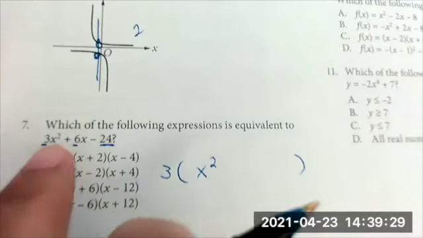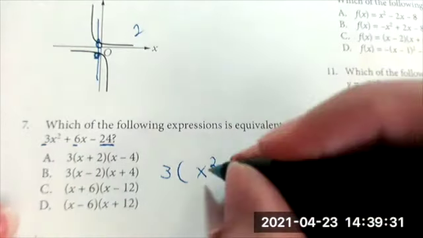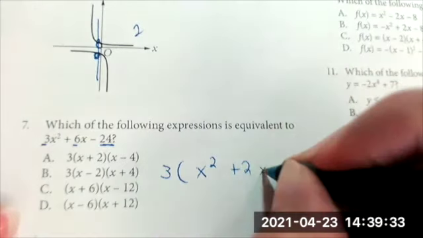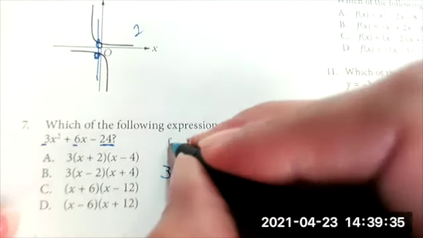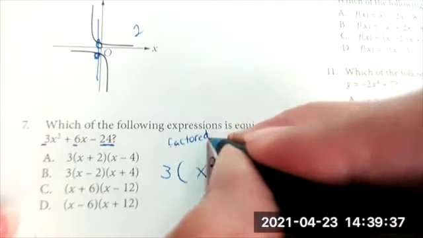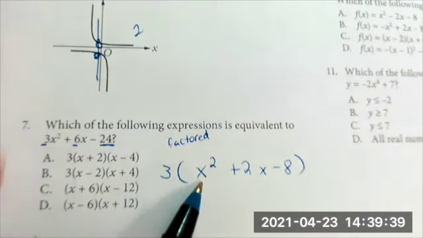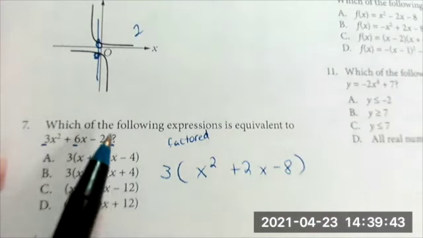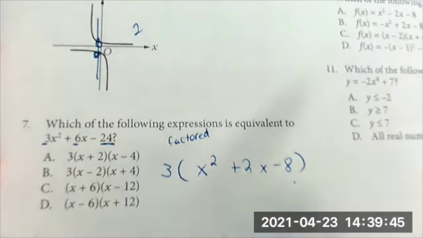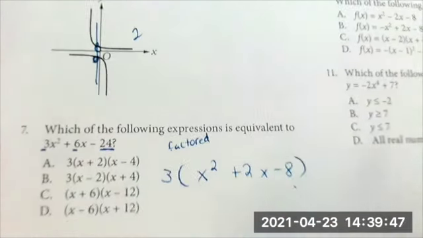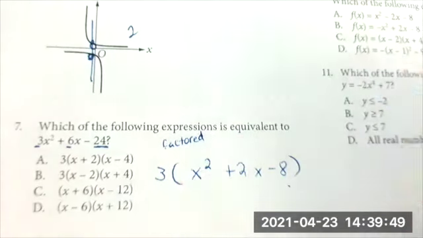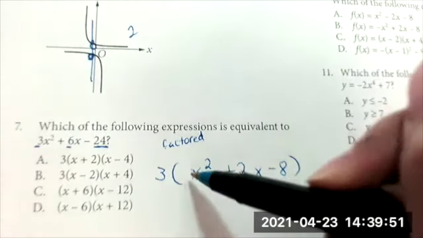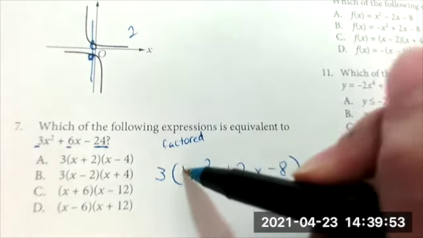You're going to take out 3 from here, plus 2x minus 8. So I factored a 3. I divided this one by 3, it's 1. Divide this one by 3, that's 2. Divide this one by 3, that's negative 8.